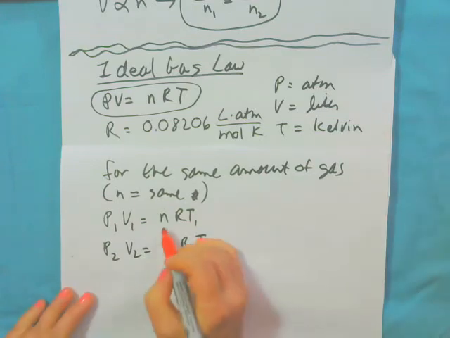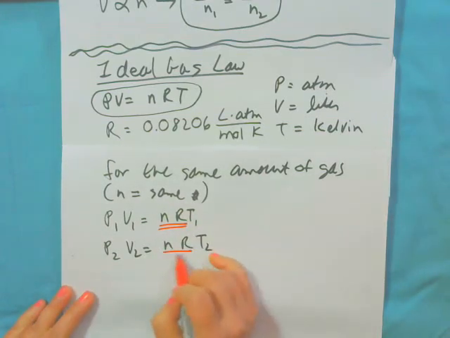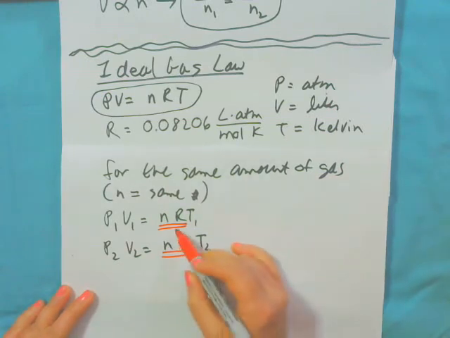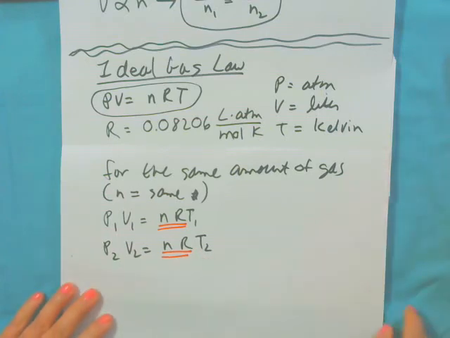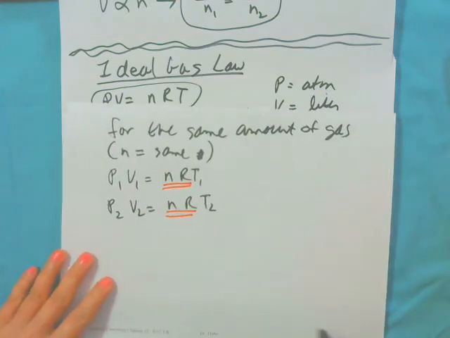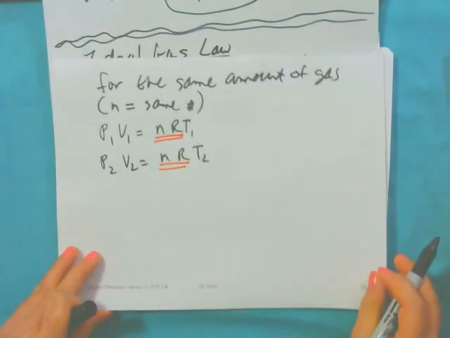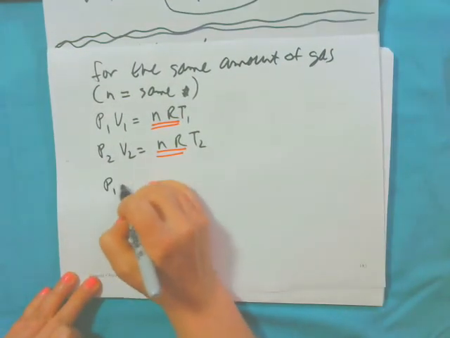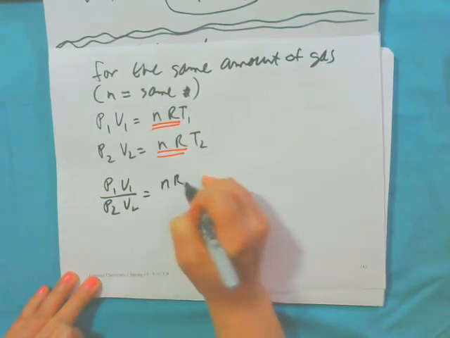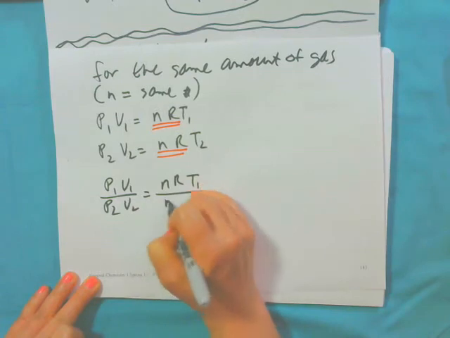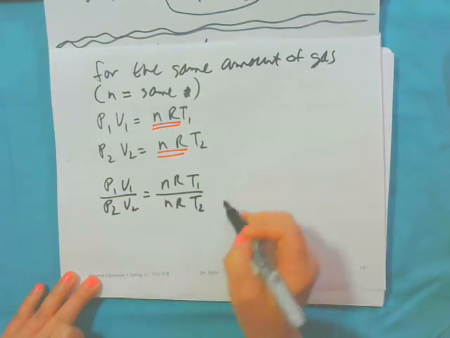So for the purposes of our ideal gas law equation, these two numbers would be identical because you're dealing with the same number of moles of gas, and the ideal gas law constant obviously doesn't change. So I can actually divide one entire equation by the other entire equation, and then I end up with P1 V1 over P2 V2 is equal to nR T1 over nR T2.